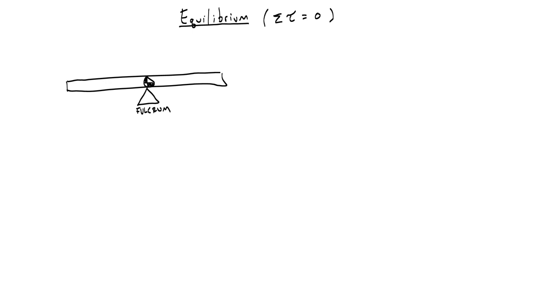For this problem, we're going to say that the board has a mass of m and a length of L. It's very common to use L to represent the length of a board in one of these problems, even if it's not told to you.